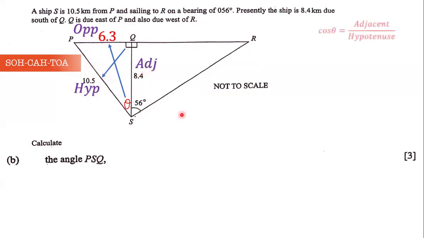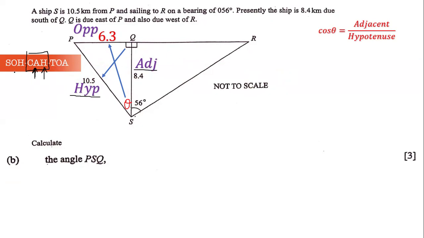No, the adjacent is given and the hypotenuse is given, so we must not use tangent. I'm sorry, we must use cosine. Notice here, cosine uses the adjacent and cosine uses the hypotenuse. So we want to use the hypotenuse and the adjacent.